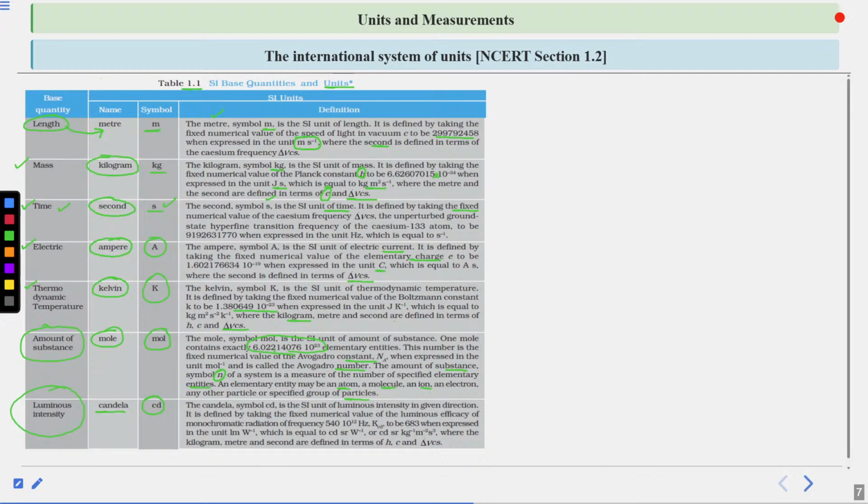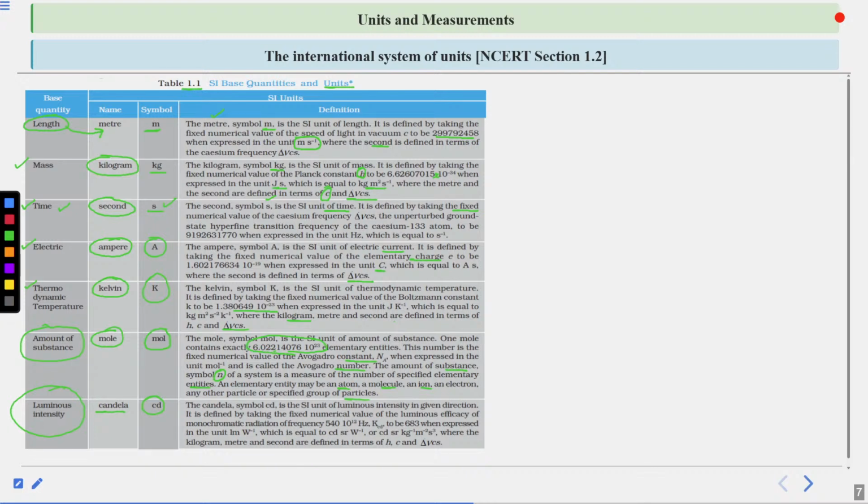There are 7 base units, yes or no? Length, mass, time, electric current, thermodynamic temperature, amount of substance, and luminous intensity. So the quantities which are derived from these base units are known as derived quantities. We will learn more about derived quantities in an upcoming lecture.